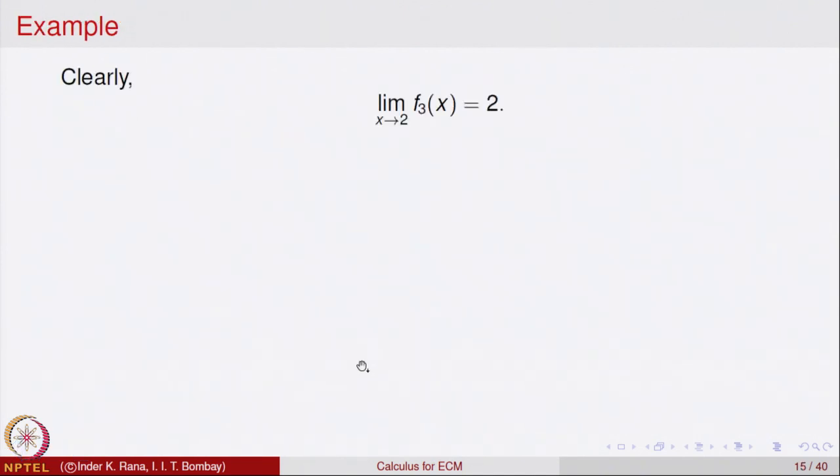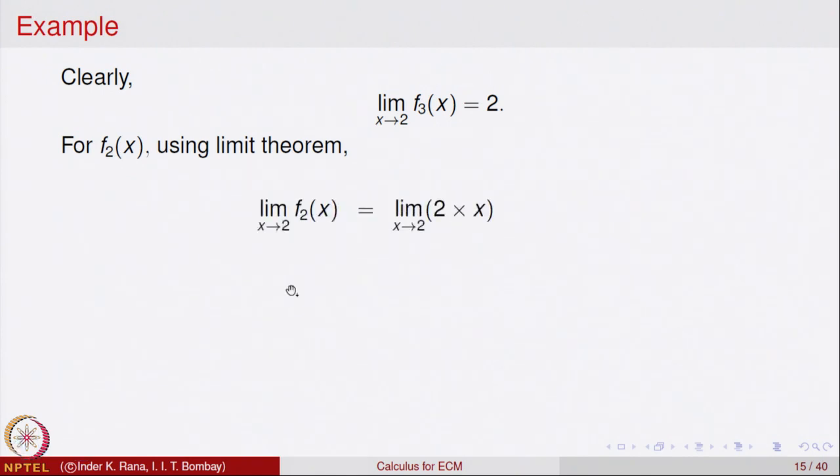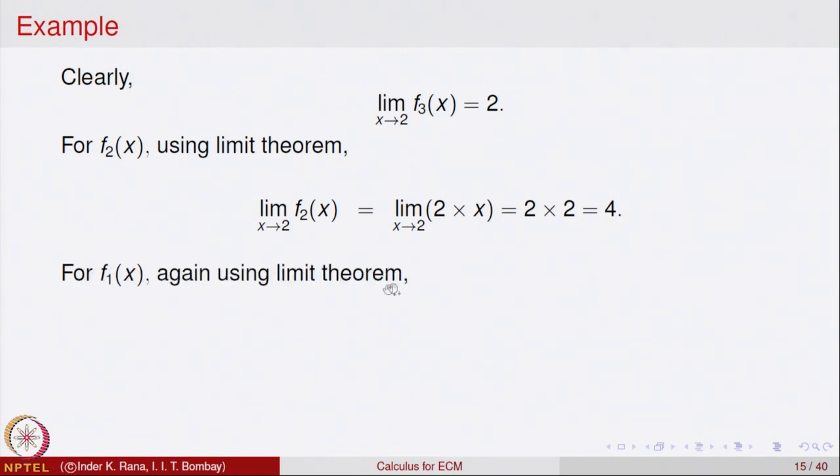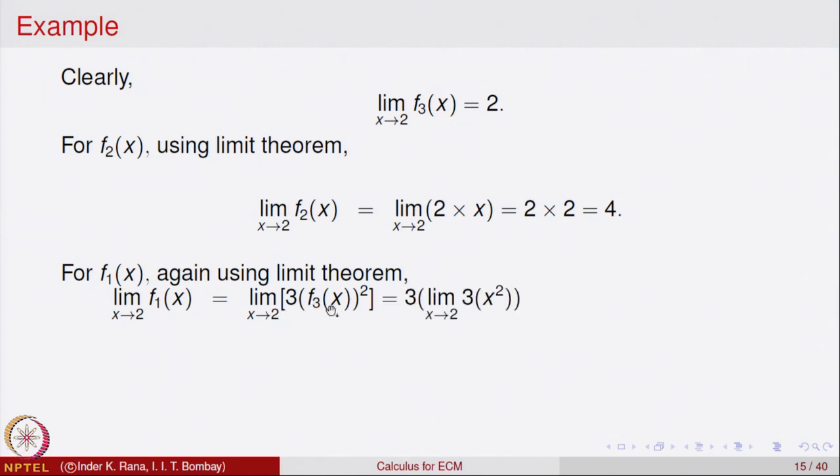So, let us write this using limit theorems. The limit of f 2 x is equal to 2 times x, so that is equal to 4, and the limit of f 1 x as x goes to 2 is the limit of 3 x square.